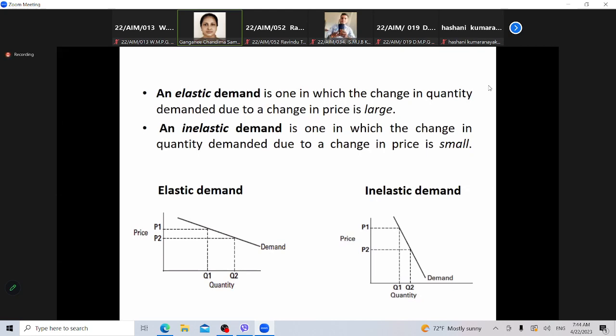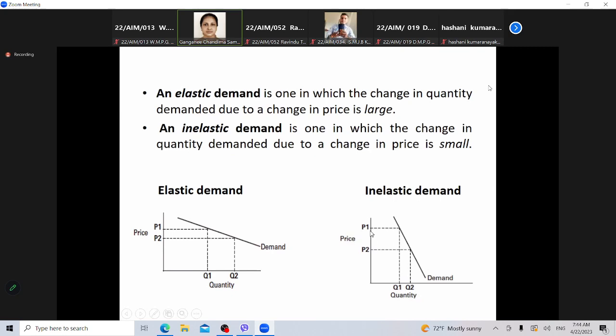It is clearer if you draw the line or the curve on that side. But if you draw the line more or less parallel to the y-axis, you can observe the price change is more than the quantity change.